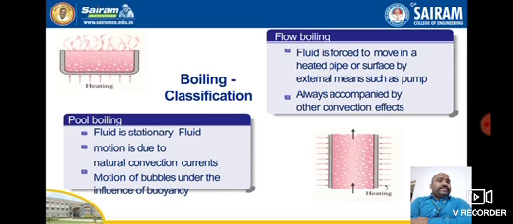But in case of flow boiling, the fluid is forced to move in a heated pipe or surface by external means such as a pump. It is always accompanied by other convection effects. So you can see both the figures and understand how the pool boiling is taking place and how the flow boiling is taking place.